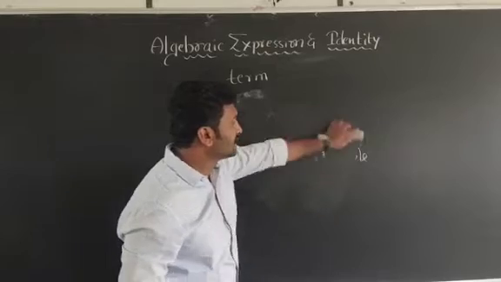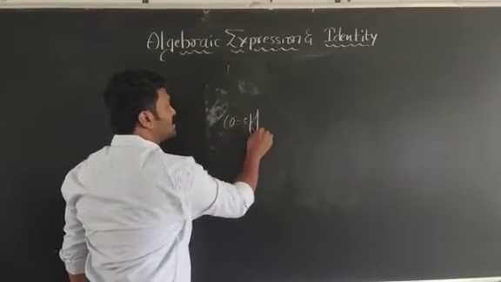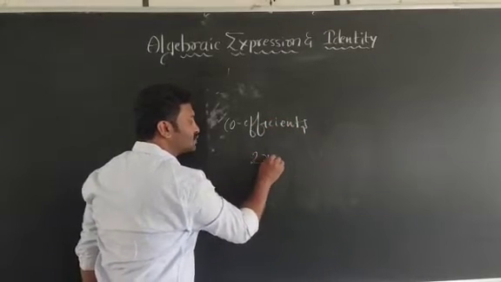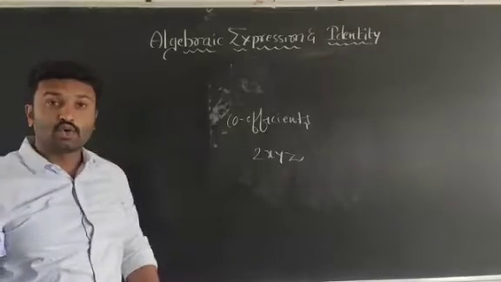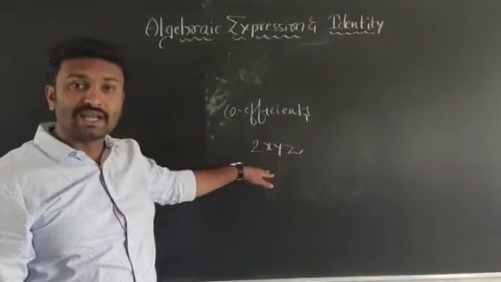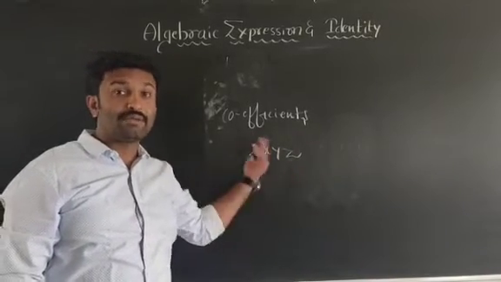The coefficients of the term. For example, 2xyz. The coefficient of xyz is the numerical present before the variable.